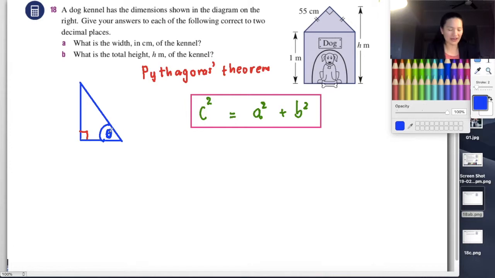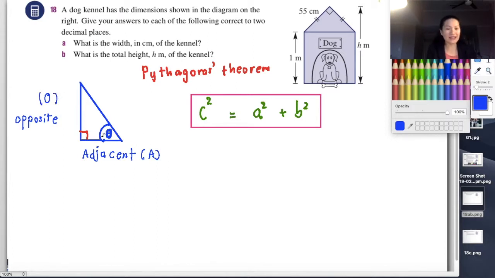The side that is opposite the theta we call opposite, or in the future they will use O. And the side that is next to the theta we call adjacent, or you could write it like an A. This one O, that's A.